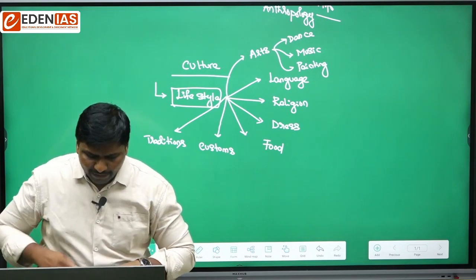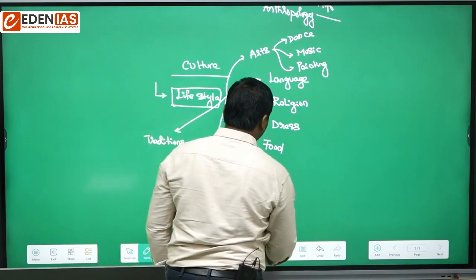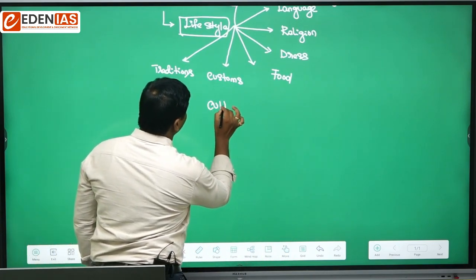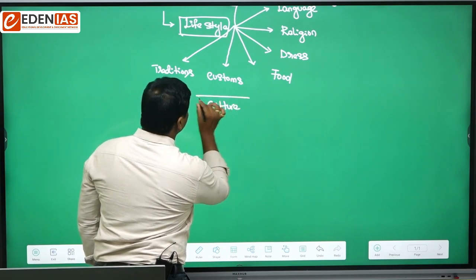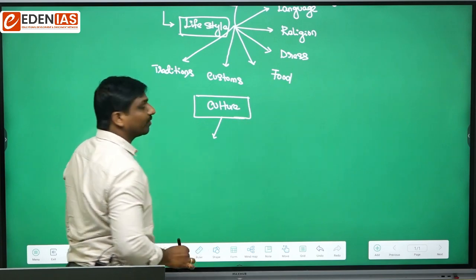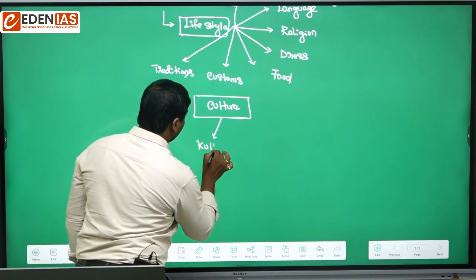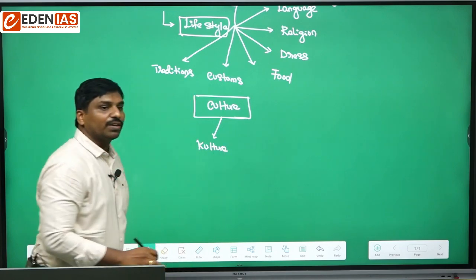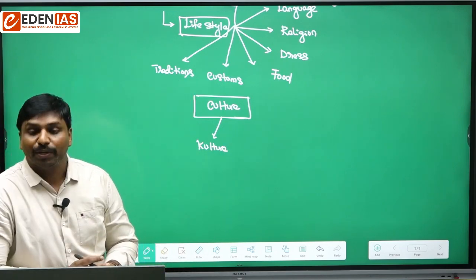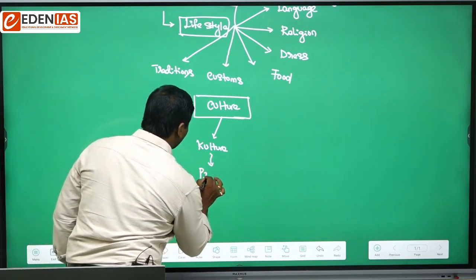If you look at the word culture, it is believed to be derived from a German word, culture, and the meaning of the word refers to progress.